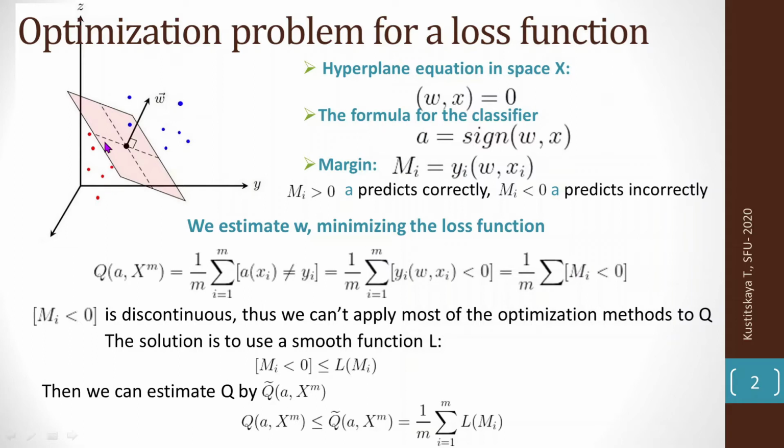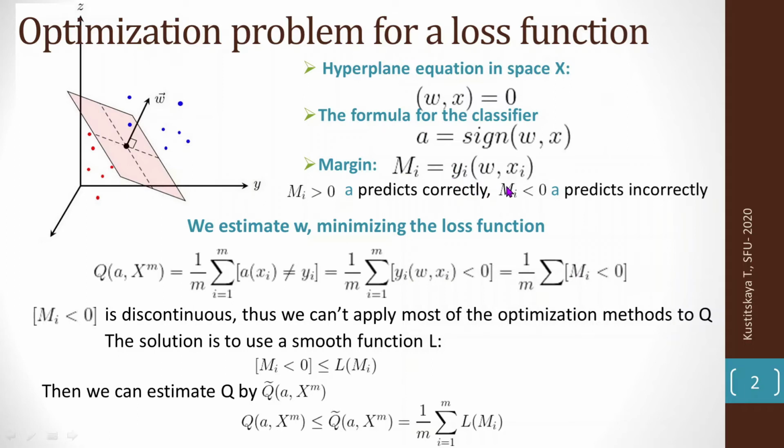If we deal with red dots, the situation is similar. The label of the class is -1, so Yi is -1. If we correctly predict the class, we get negative scalar product. When we multiply two negative numbers, we get a positive number.